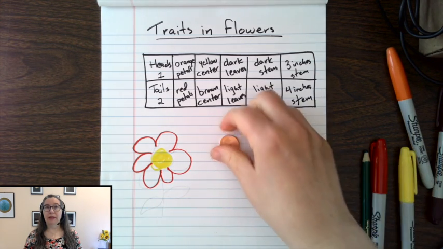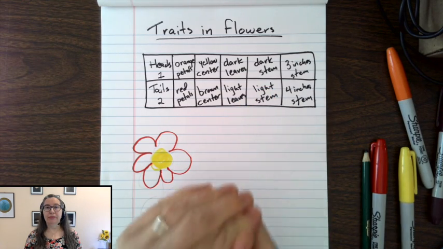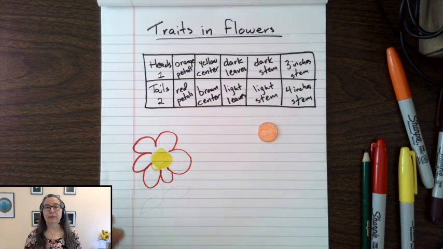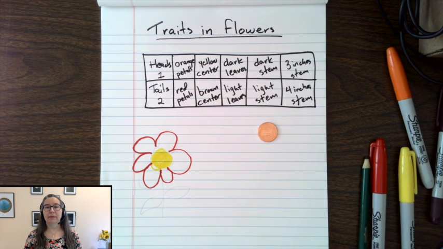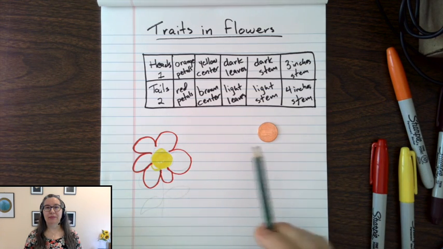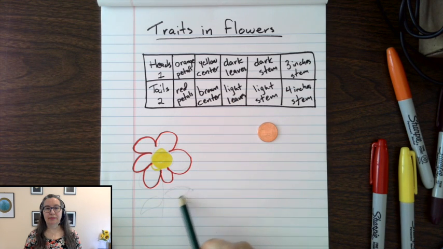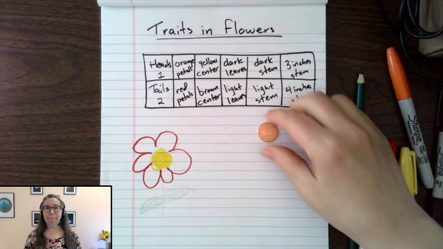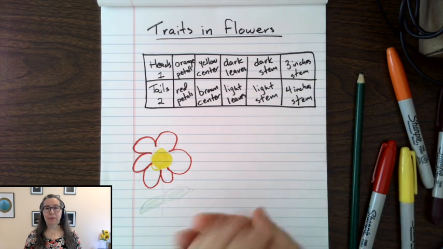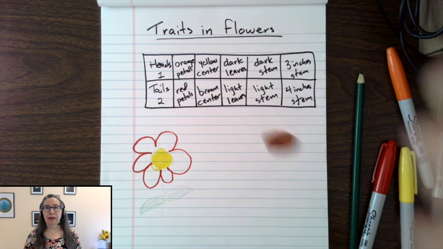What kind of leaves will it get, dark or light? I got tails, light green leaves. What color stem? I got heads.